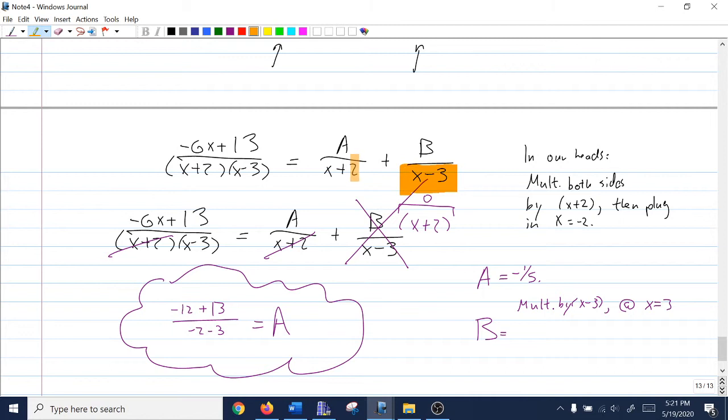Multiplying by x − 3 and plugging in 3 will cover all of that up. That's all gone. So B equals the part that's left here if I plug in 3. −18 plus 13 is −5 on top, 3 plus 2 is 5 on bottom. I get −1. Those don't usually simplify that much.